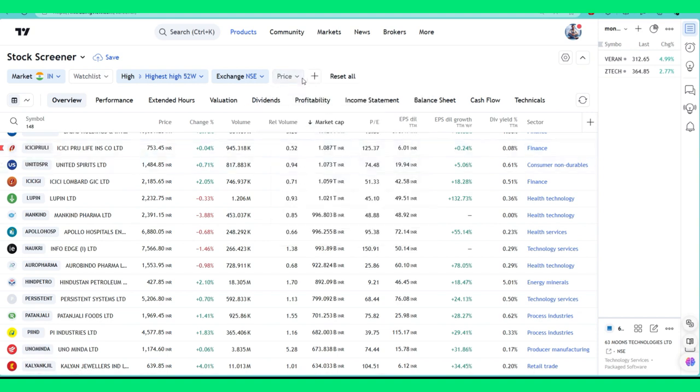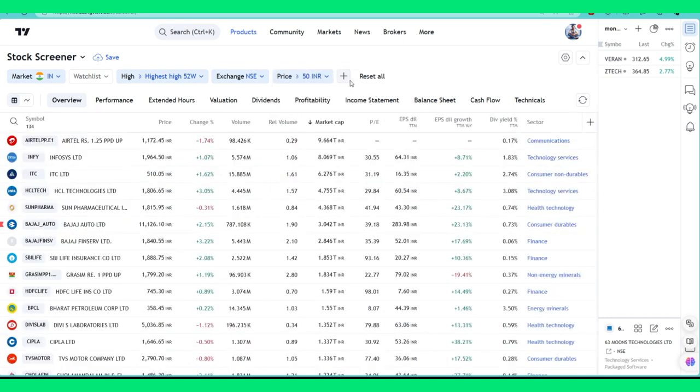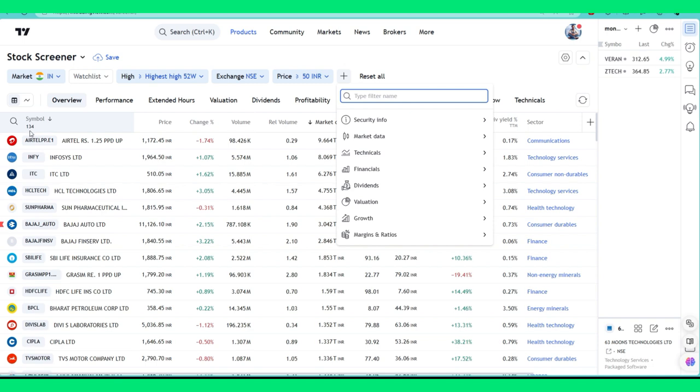So price above or equal to value 50. I want stocks which are above 50 rupees. And see how the number is reduced to 134.